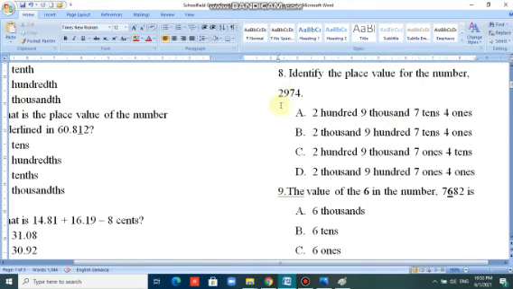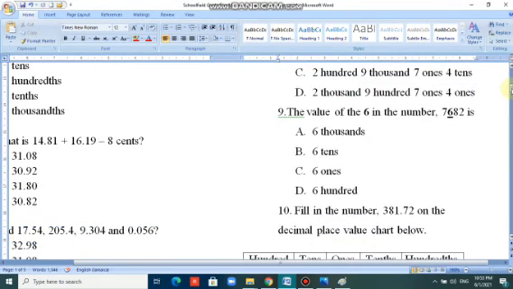See there? 2,900, 7 tens, 4 ones. All right? So it's 1,000s, 100s, tens, and ones. Number 9.